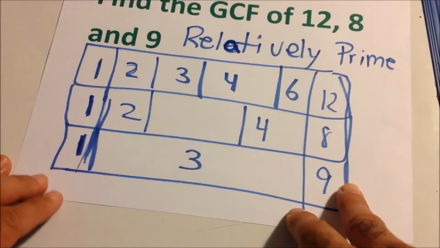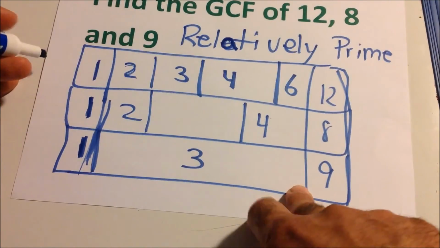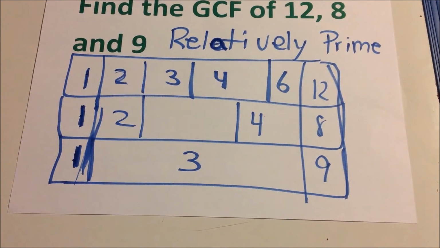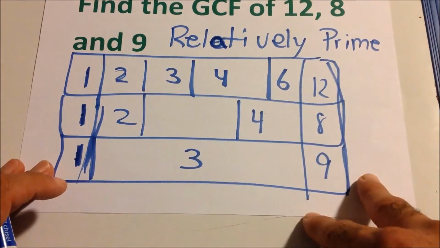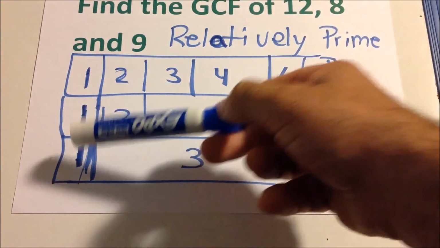So again, if the only number they share in 2 or more numbers is 1, it's called relatively prime. It's also called coprime or mutually prime. So you can write relatively prime or coprime or mutually prime. So again, what is mutually prime or coprime or relatively prime? If the numbers only share a 1.